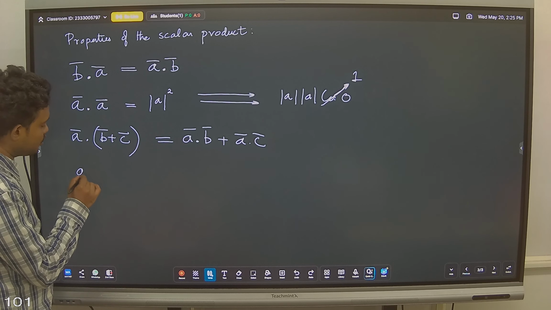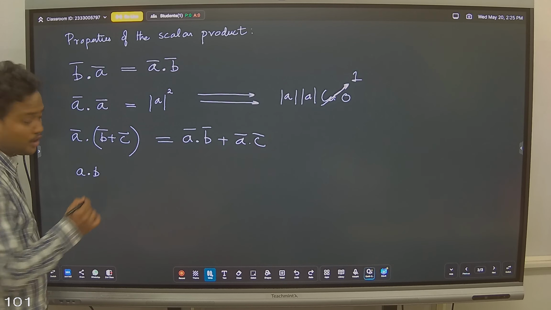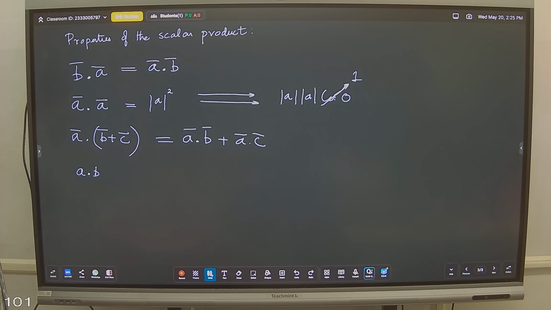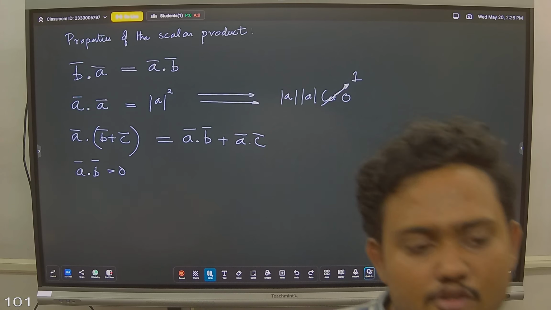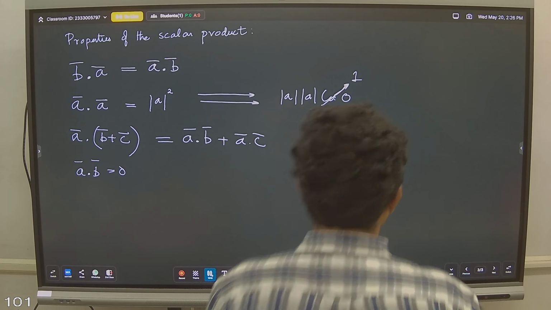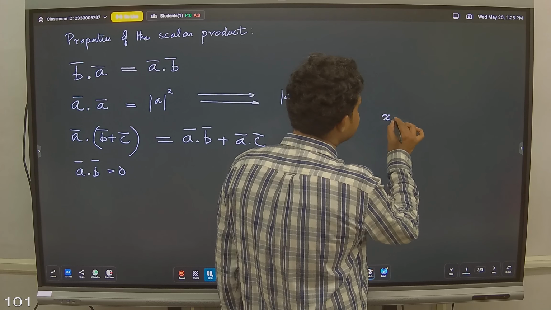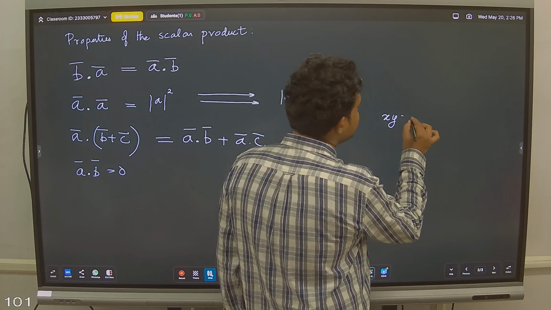What can you conclude if I tell you that A dot B equal to 0? If two real numbers x and y multiplied together give 0, then either x equal to 0 or y equal to 0, right?